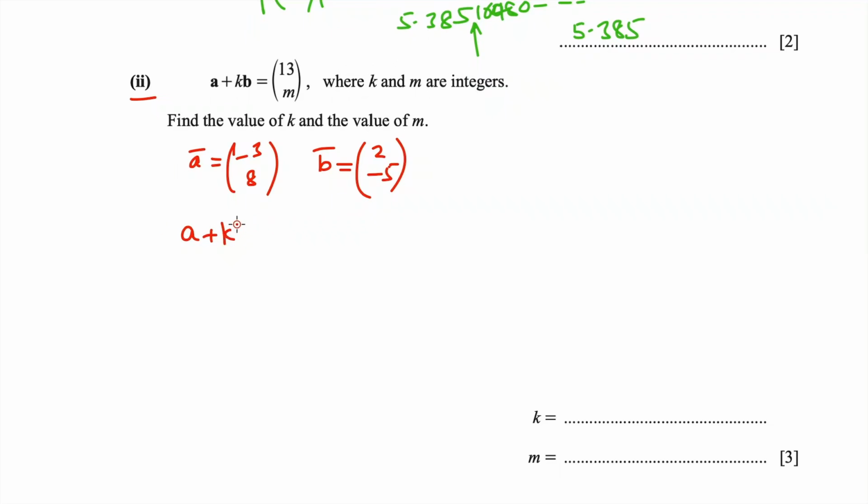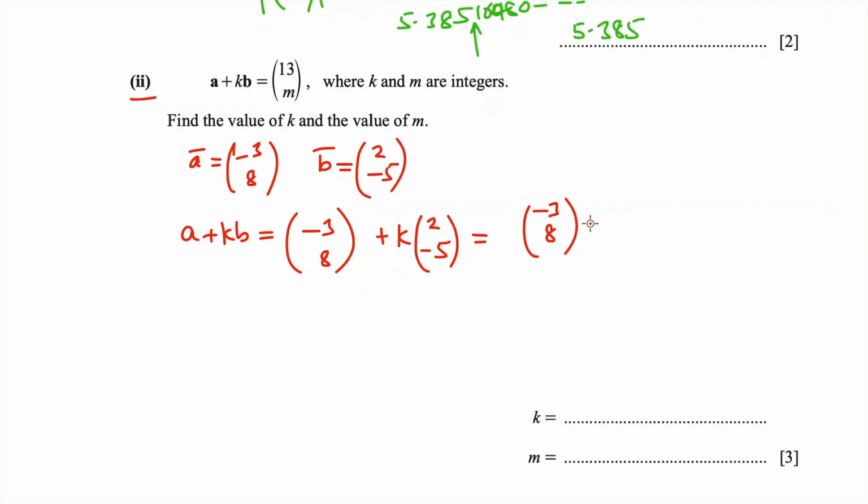So A plus k into B is (-3, 8) plus k into (2, -5). This is nothing but (-3, 8) plus (2k, -5k). And if I add them, this is 2k minus 3 and it is 8 minus 5k.